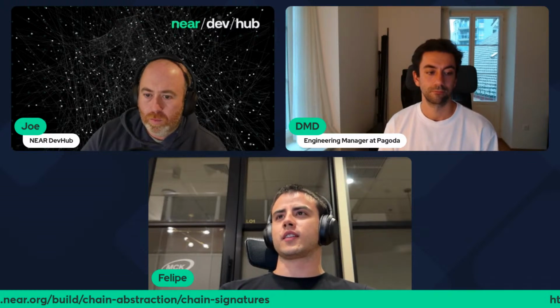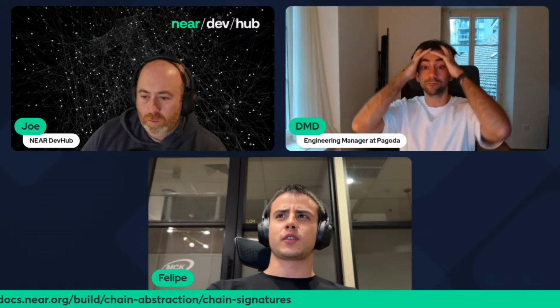That's what determines that you have unlimited accounts in other chains. Based on the path that you provide, you're going to get the key in the other chain, and that's going to be used to sign your payload. So you get the signature back from the contract, and then you execute by yourself. The contract just provides you the signature, and you send it to the other chain yourself.